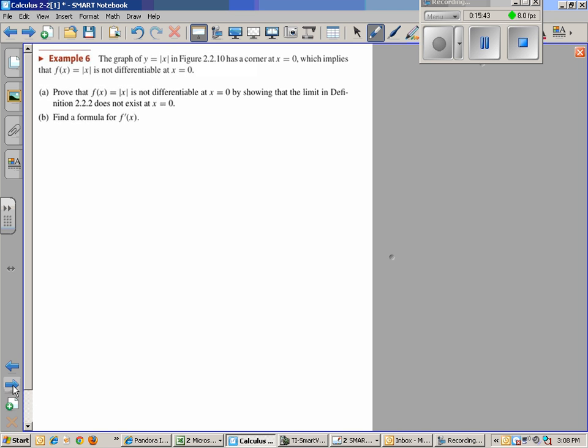So, looking at the graph of y equals f of x, this is absolute value of x. It's going to look something like this, correct? Yes, Ms. Collins. So, 0 is a point of concern because this line is going to follow the rule coming in, and then once it hits 0, it's going to follow a different rule coming out.